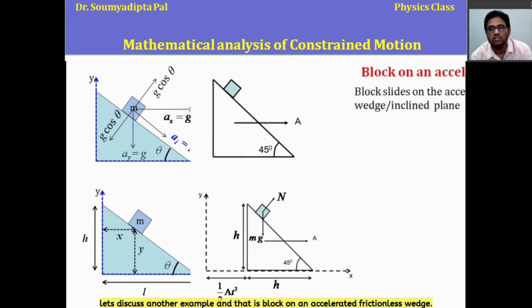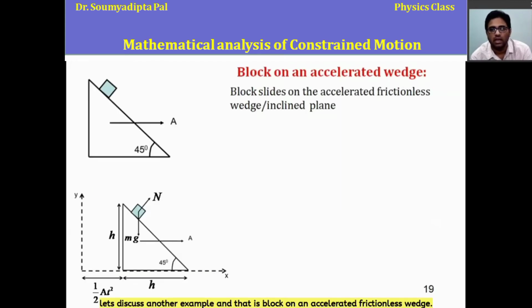Now let's discuss another example, and that is a block on an accelerated frictionless wedge. Here the angle of the wedge is 45 degrees and the acceleration of the wedge is capital A, towards the right. Now we have to find the acceleration of the block with respect to the ground.